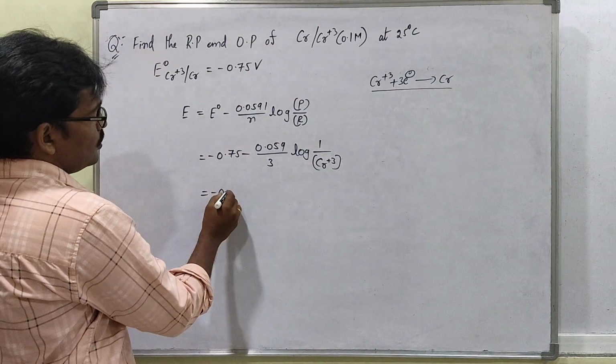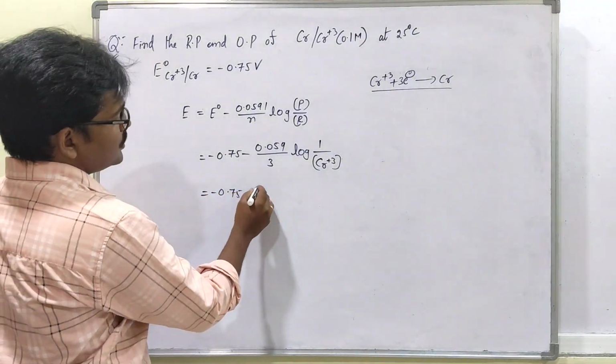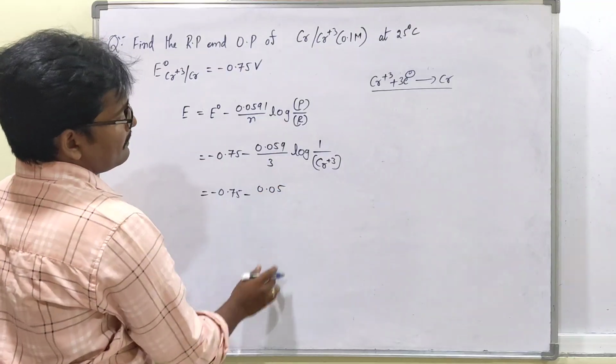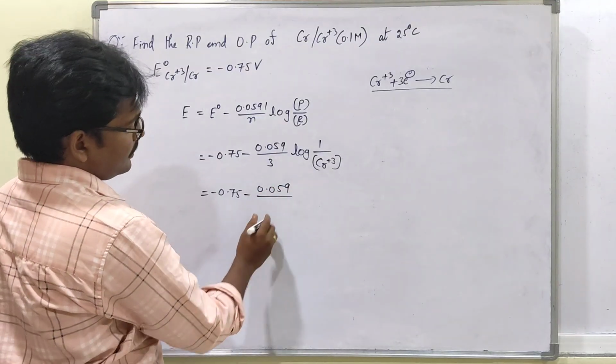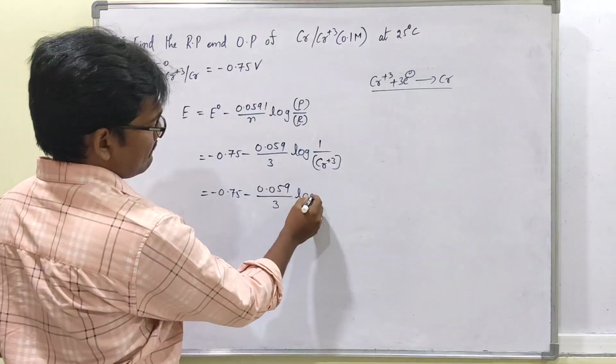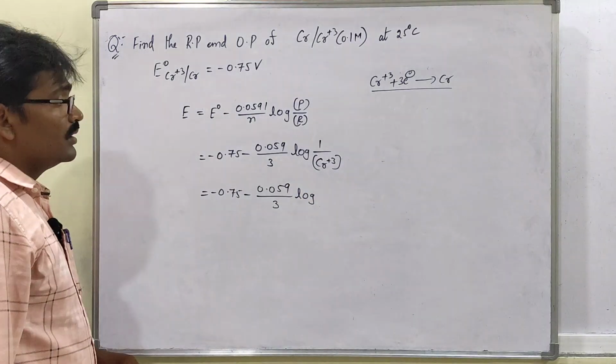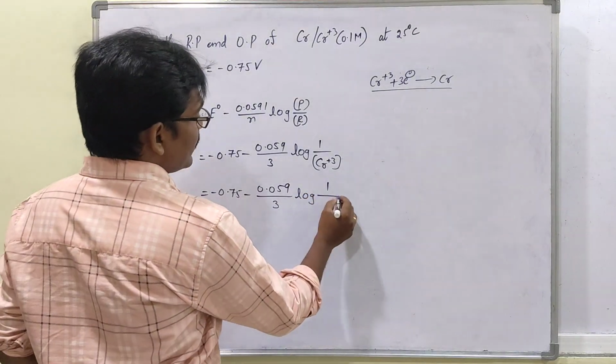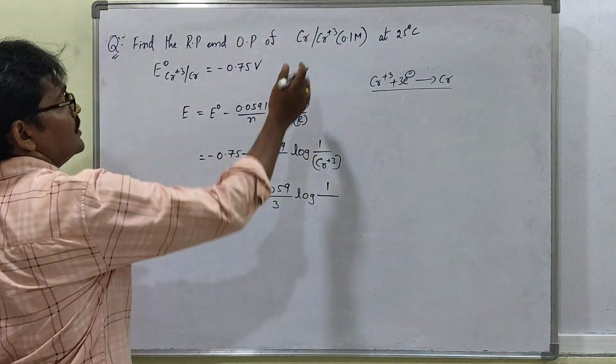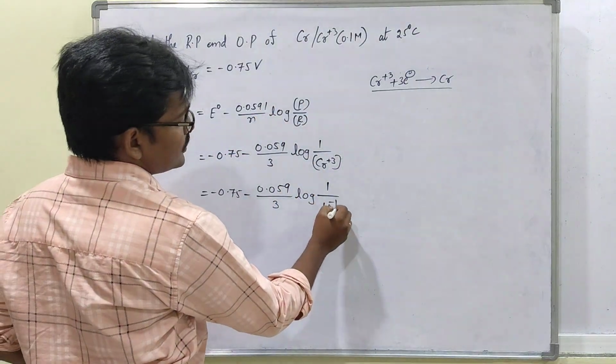So minus 0.75 minus 0.059 divided by 3 log of 1 divided by the Cr plus 3 ion concentration. What will that be? 0.1, which is 10 to the power of minus 1.